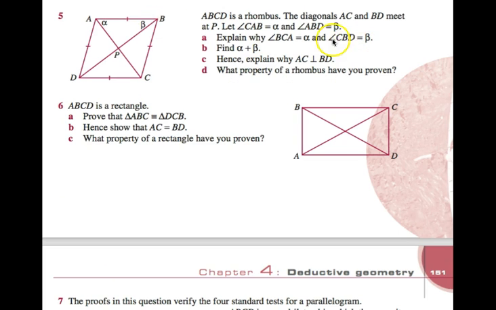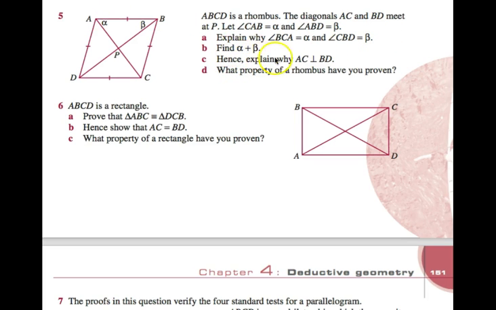I think you're going to have to use some other properties of a rhombus as well, such as the diagonals bisect the angles at the vertices, to be able to explain why CBD is beta as well. Okay, so you're going to have to do that as well.